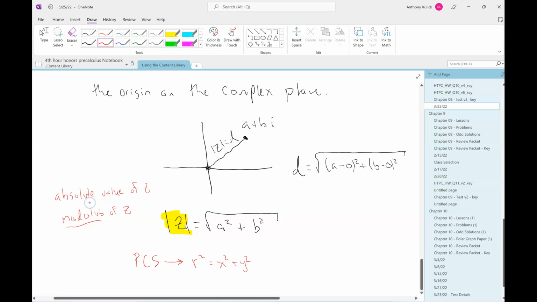The modulus is just a fancy math term for basically the distance formula for something. So in 1 dimension, the modulus is just the absolute value. In 2 dimensions, it's this distance formula. In 3 dimensions, it's a slightly different distance formula.